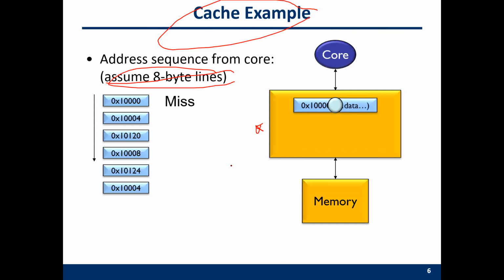Because each cache line is 8 bytes, even if we access this 10000 address, we actually fetch the data from this address to the 10008 address. So this line indicates the address from here to here.